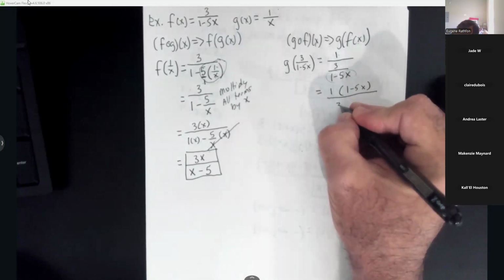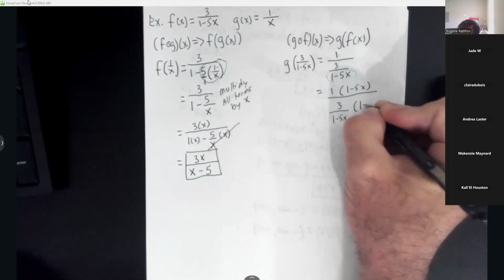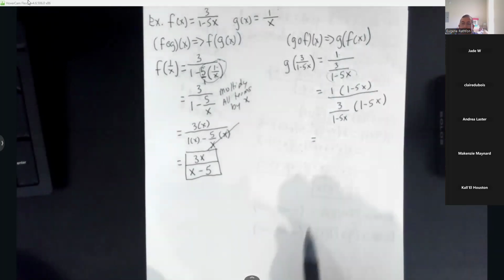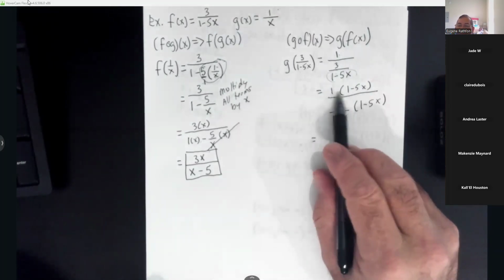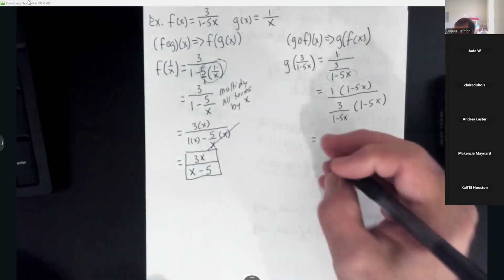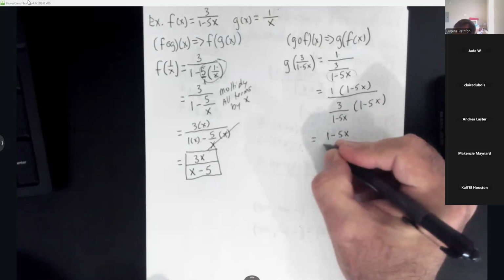And on bottom, I have my 3 over 1 minus 5x times 1 minus 5x. On top, you've got a 1 times 1 minus 5x, so the top will now be 1 minus 5x.